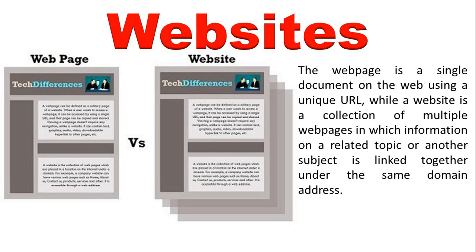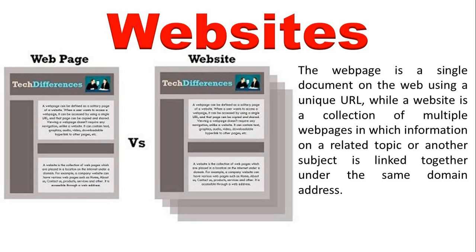Please pay attention and understand one thing: we have observed that in a website there are multiple menus. By clicking on those menus we can access different web pages. There are home, about us, contact us, and so many other menus, and the user clicks those menus and visits separate web pages. So after accessing a particular website we can visit different web pages, right?